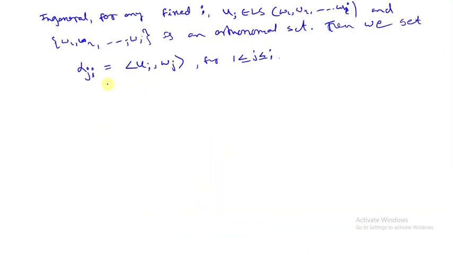But for any i we get this. Now we get each constant, alpha 1, alpha 2, up to any number, so you can extend it up to n also.